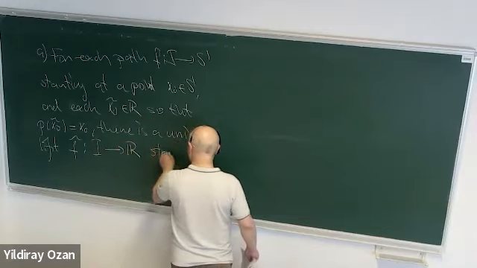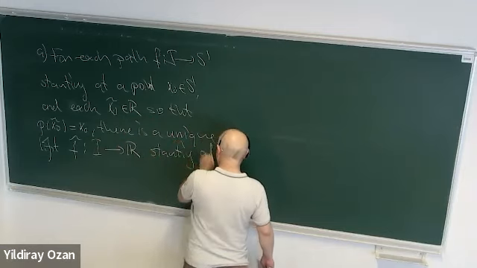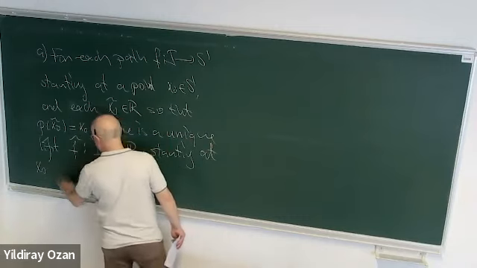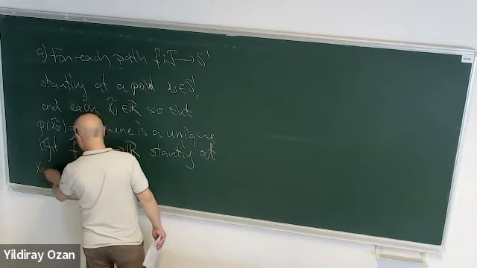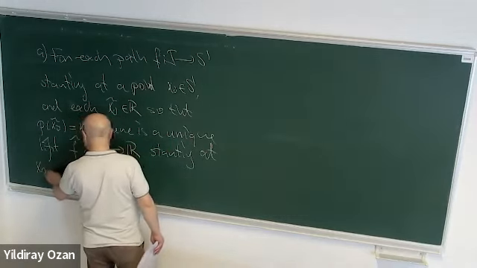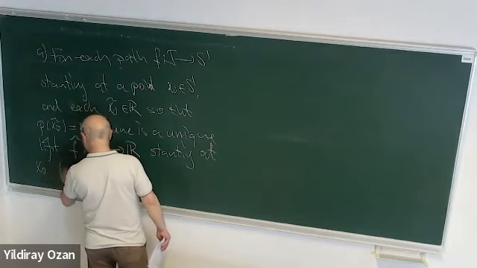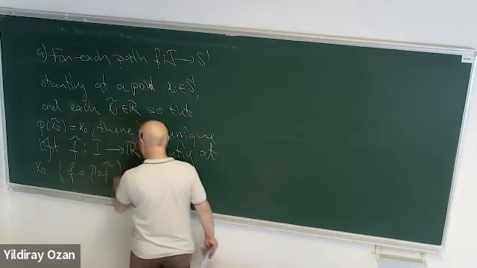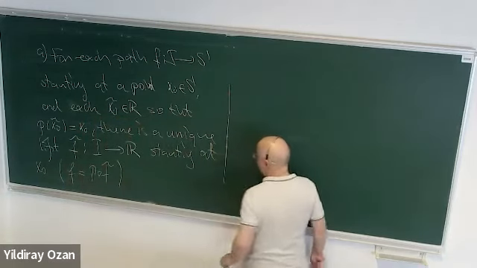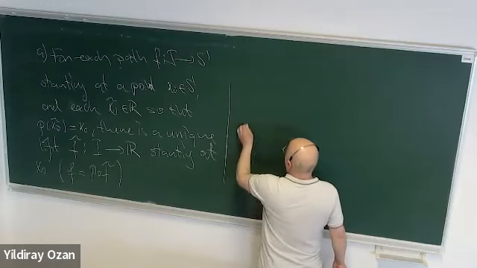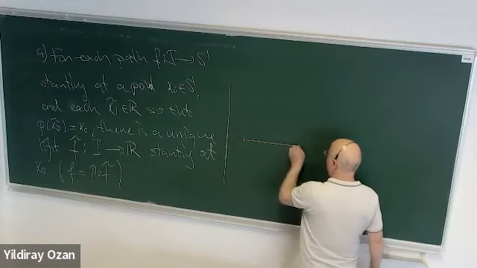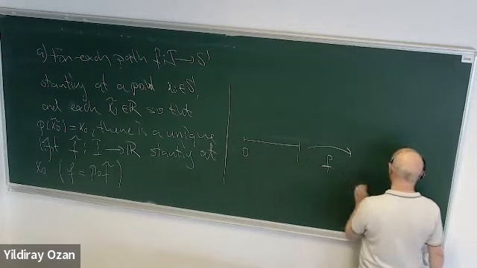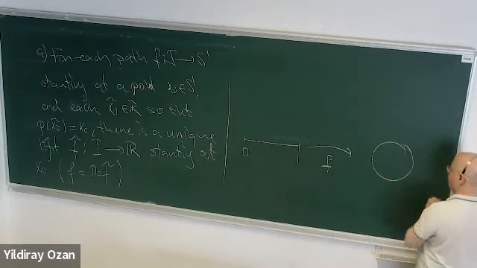Starting at x0. So this lift means the following. F is just P composition F tilde. So what we mean is this. Here is my interval 0, 1, and here I have this F. Okay.